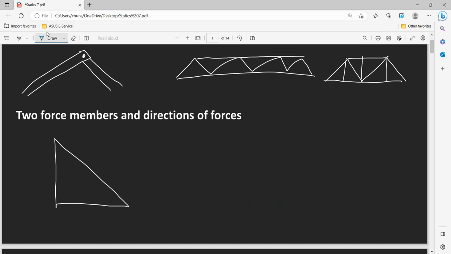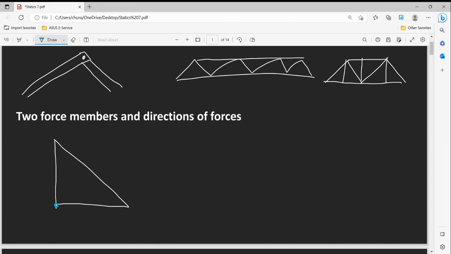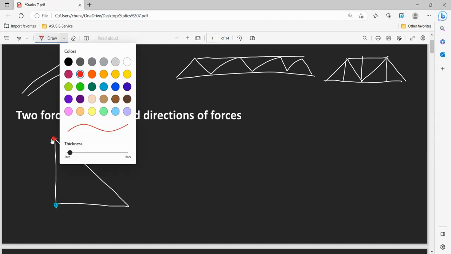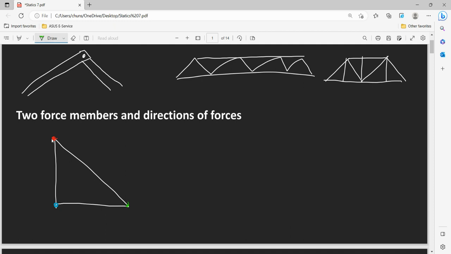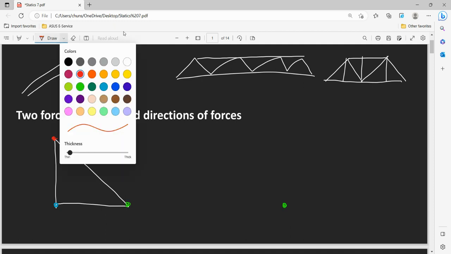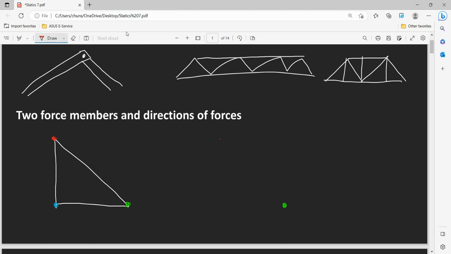So if we had 3 different pins in this structure, and another pin here and one more here, we draw out these pins just without the connecting beams between them.